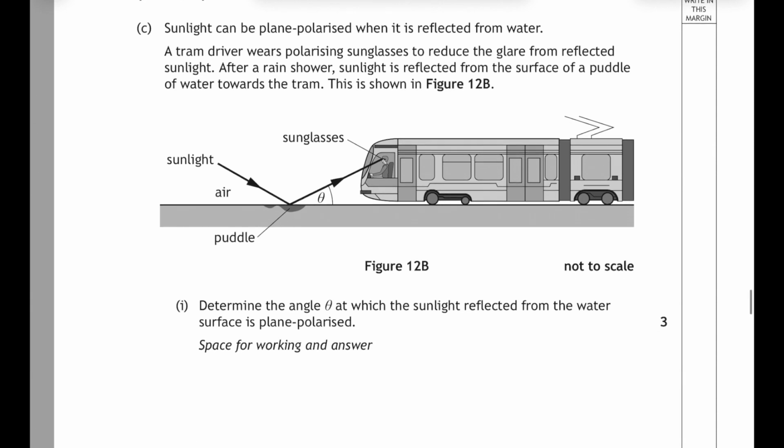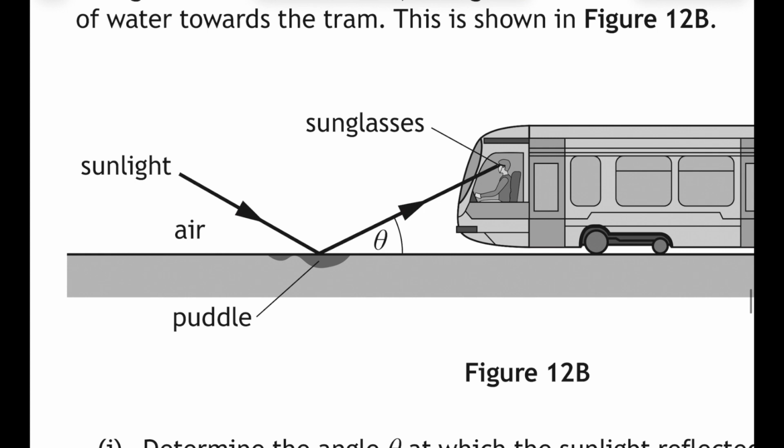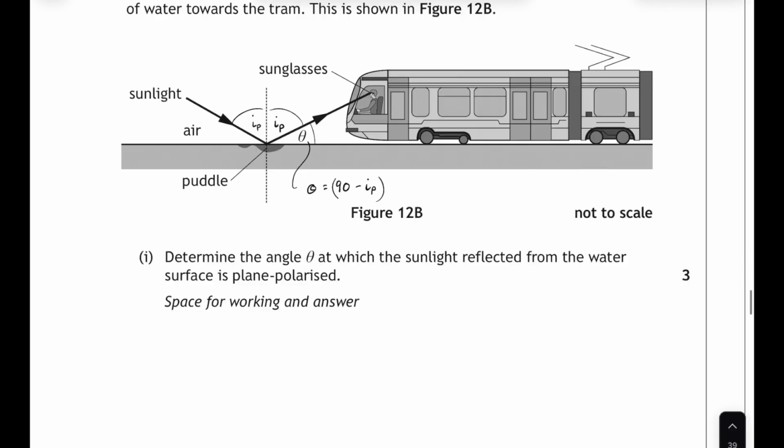Well, let's zoom in on that wee diagram, because there's no normal on the diagram, and let's put a normal on it. And IP, the Brewster's angle, is the angle between the normal and the incident ray, so let's put that on it as well. And the angle between the reflected ray and the normal will also be equal to IP. And what you have to realise here, and this is a bit sneaky, is that theta is equal to 90 minus IP.